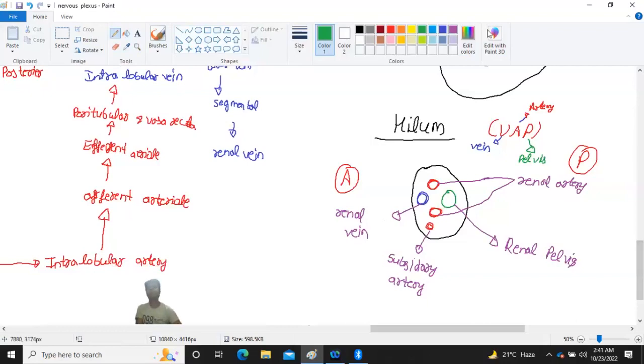So this is the pattern of arrangement in the hilum. And we know some lymphatic nodes are also present here. Lymphatic nodes may be present. These are the lymphatic nodes. We draw pre-aortic lymph nodes. These are lymph nodes. And some nerves are also present, let's say these are the renal splanchnic nerves, present here.